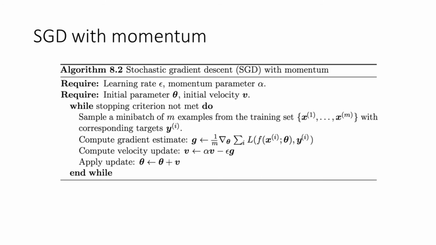And then at the next step, our next velocity is some weighting factor alpha times our previous velocity, updated by the learning rate times the gradient. And then our parameter update is our weights plus the velocity. And so that allows strong gradient signals from earlier to continue on later in training.